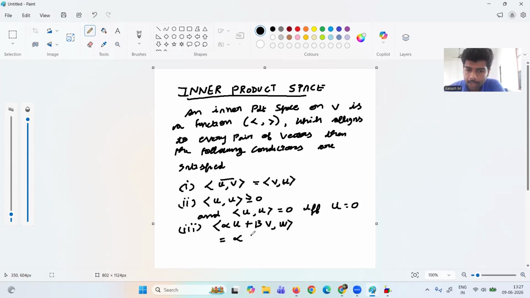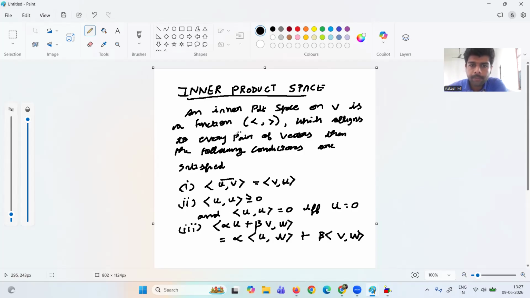You take the scalar outside: alpha times the inner product of first vector U and last vector W, plus take the second scalar outside, beta, times the inner product of the second vector V and the third vector W. This is the definition for inner product space.